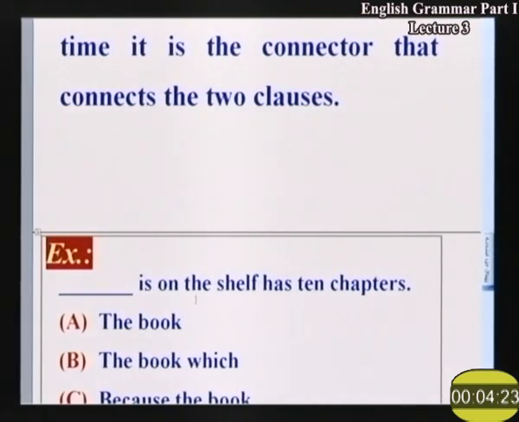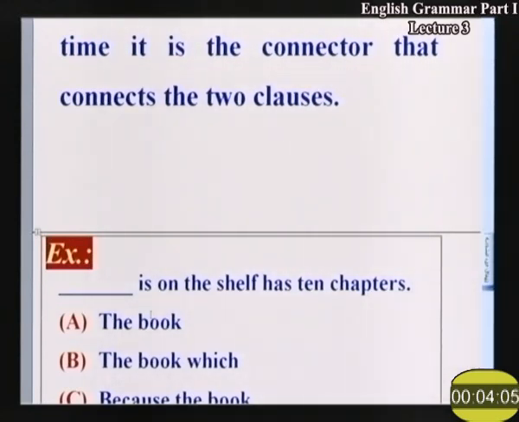The two clauses should be connected with a connector. يعني أنا عايزة هنا إيه؟ This sentence needs two subjects and a connector. The book is on the shelf has.